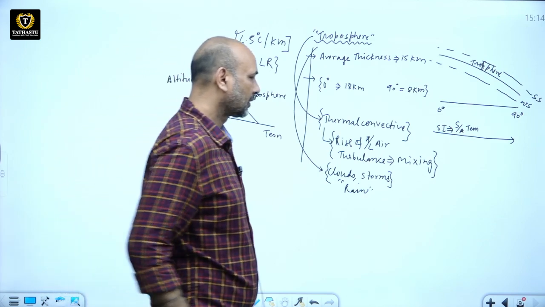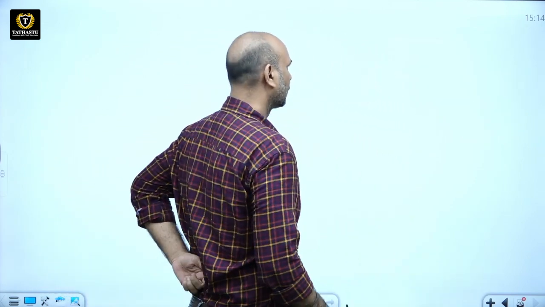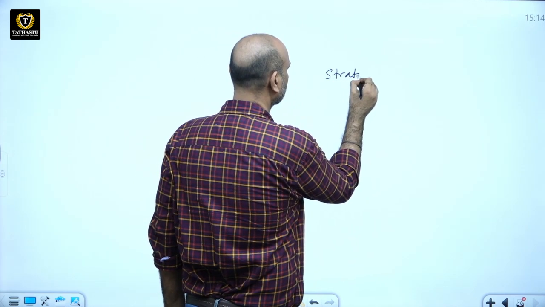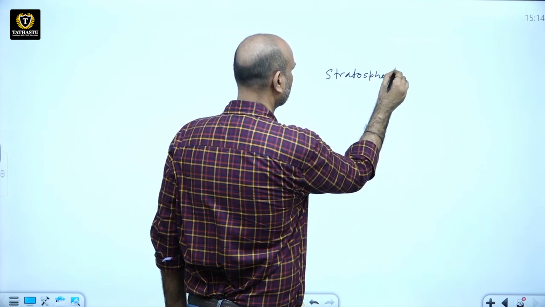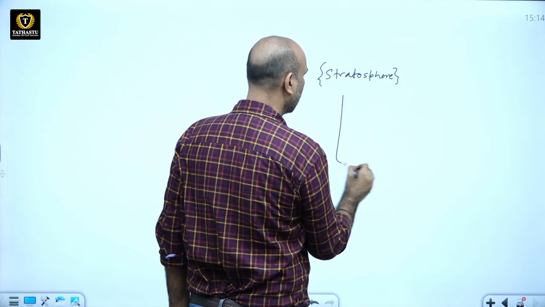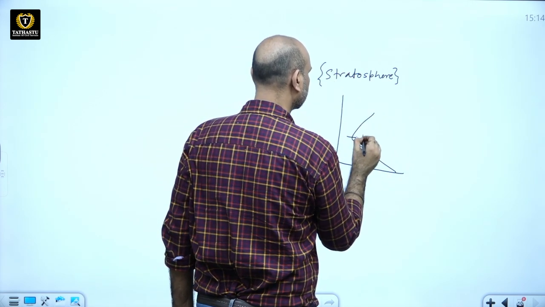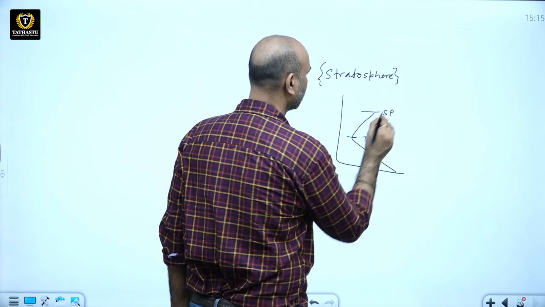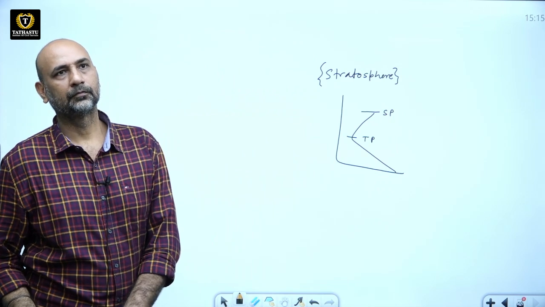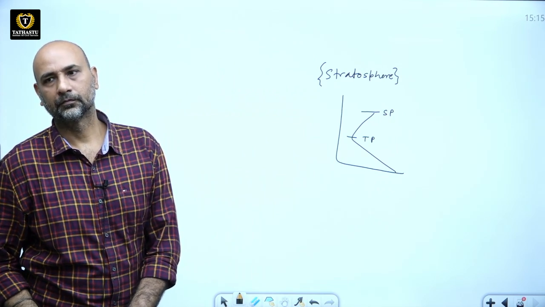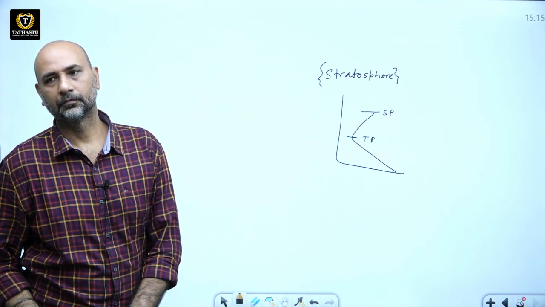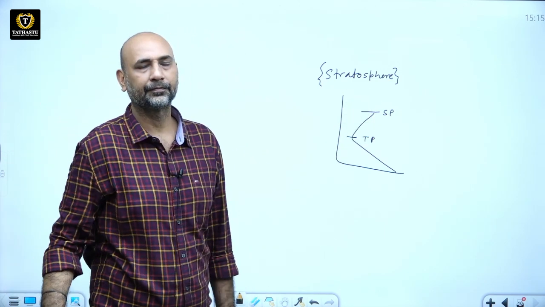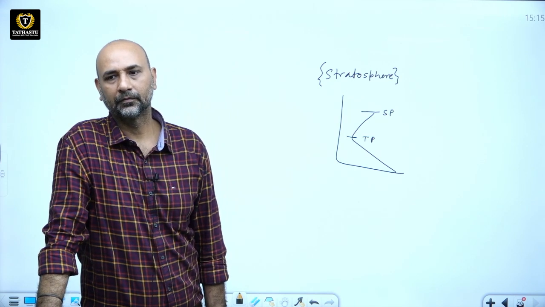Now, which is the next layer? Stratosphere. This is the diagram of stratosphere. So, stratosphere is between tropopause and stratopause. And here temperature increases with altitude.